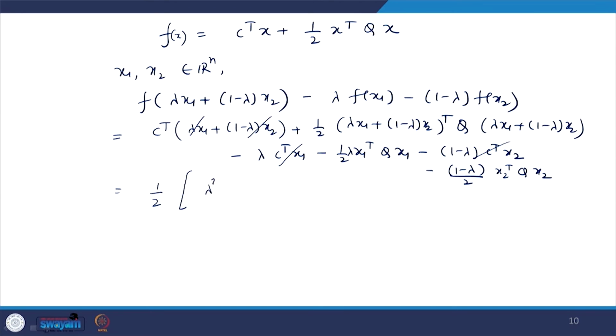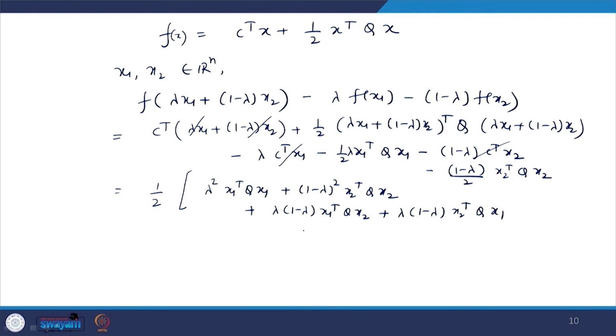So, it is lambda square x1 transpose Qx1, because lambda is a scalar quantity, plus 1 minus lambda square x2 transpose Qx2, plus lambda into 1 minus lambda x1 transpose Qx2, and plus lambda into 1 minus lambda x2 transpose Qx1, minus lambda times x1 transpose Qx1 and minus 1 minus lambda times x2 transpose Qx2. So, this is the final expression we are left with.